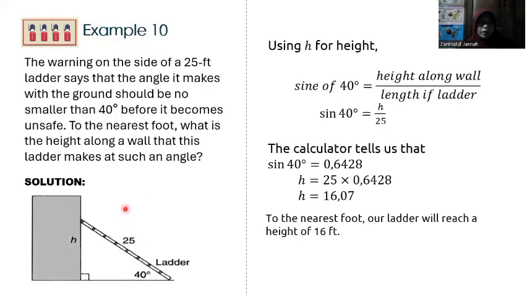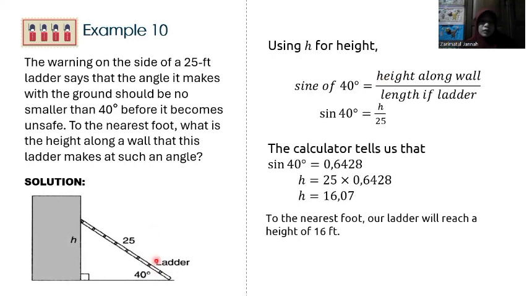The height is h. The hypotenuse is 25 feet, the ladder, and the smaller angle is 40 degrees, and this is the right angle. Using h for height, the formula is sine of angle equals height along wall per length of ladder.